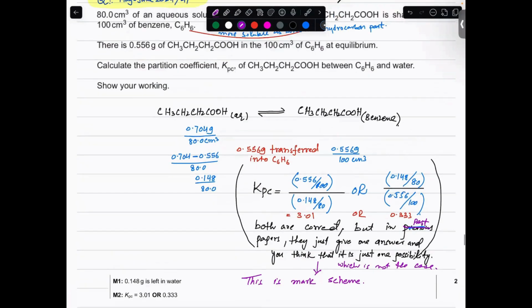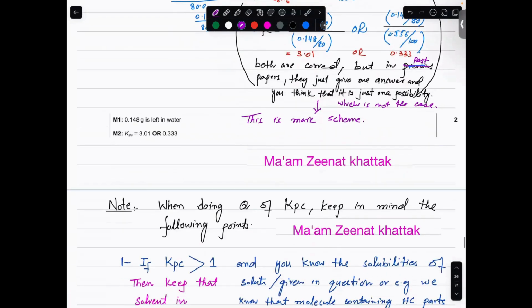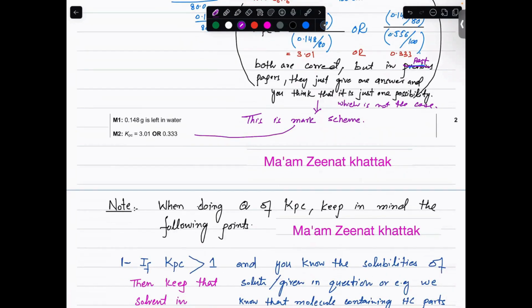Now, see, in June 2024, they've clearly given in the mark scheme that both answers are correct.